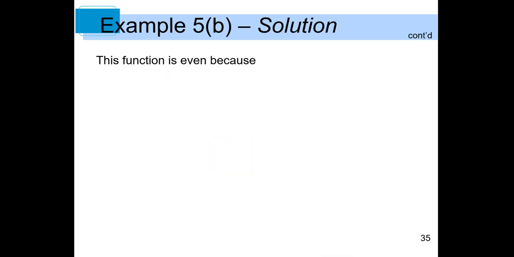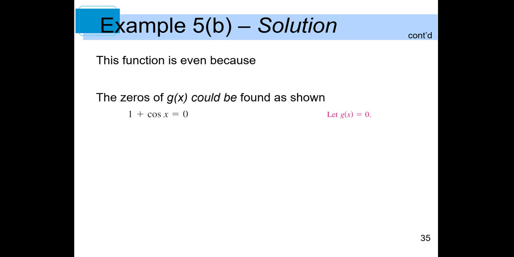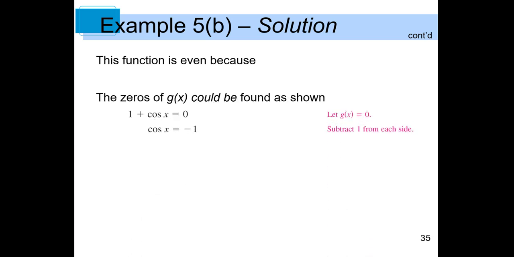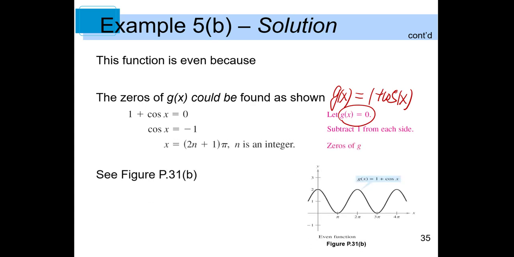Now let's look at the zeros of g of x, right? g of x is 1 plus cosine x. In order to find the zeros, we set g of x equal to 0. So 1 plus cosine x equals 0, so cosine x equals negative 1.